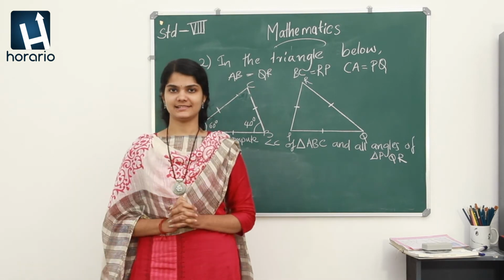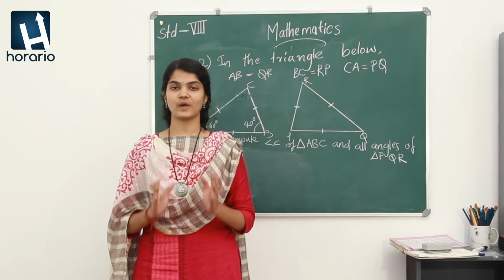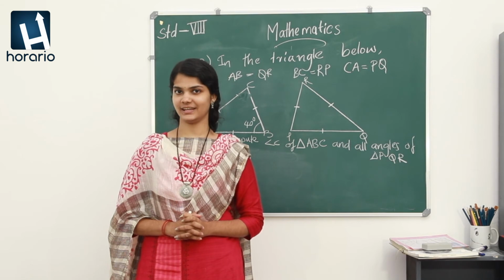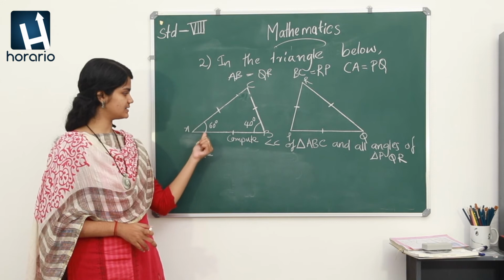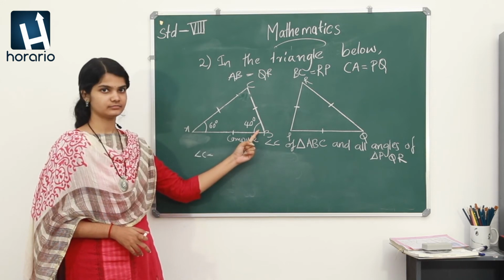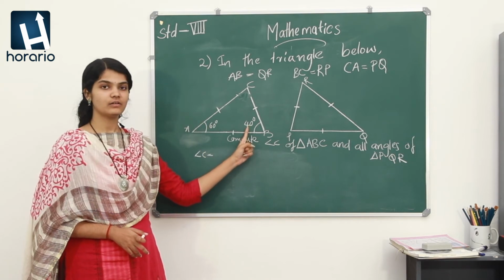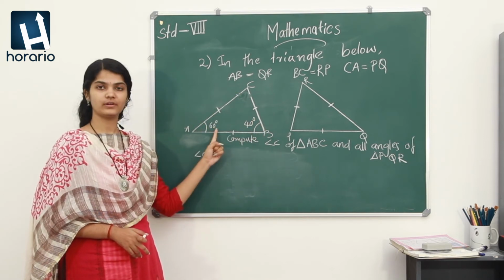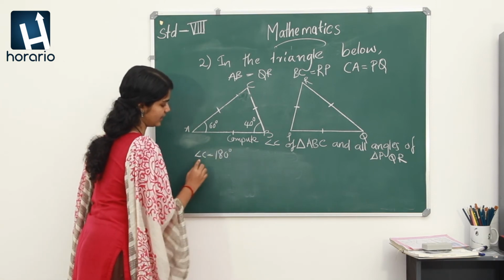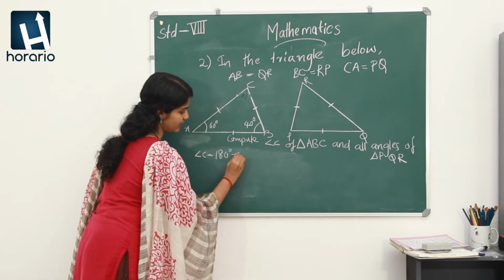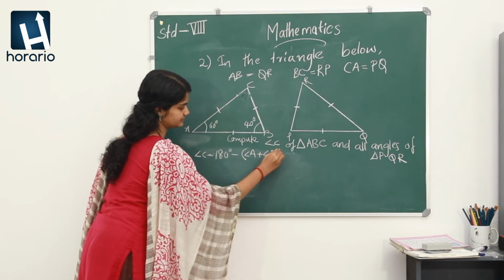How can we compute angle C? We know that the sum of angles of a triangle is 180 degree. Okay. So, we are given the other two angles as 60 degree and 40 degree. We just want to eliminate 60 degree and 40 degree from the whole sum of the triangle, that is, angle C is equal to 180 degree minus (angle A plus angle B).